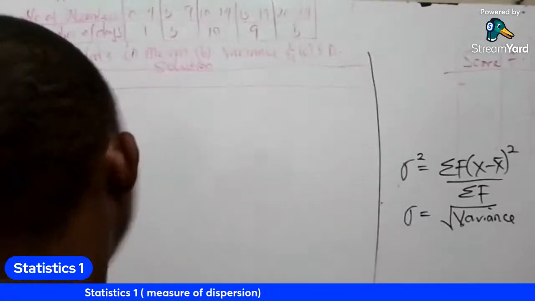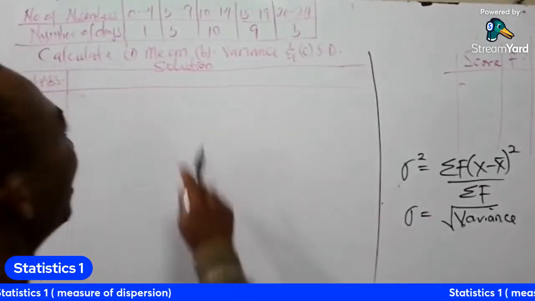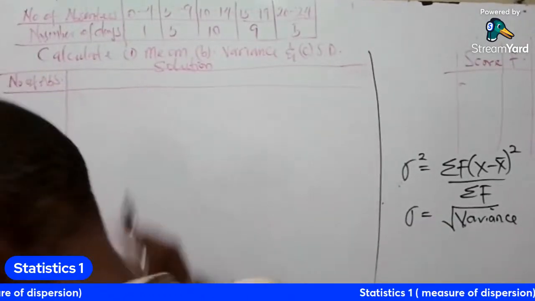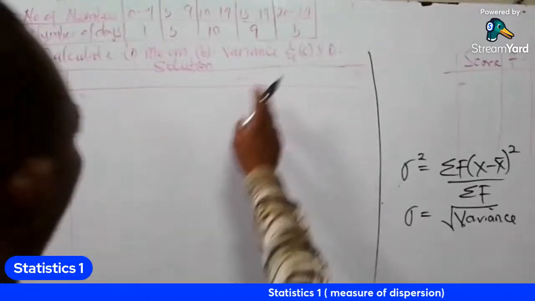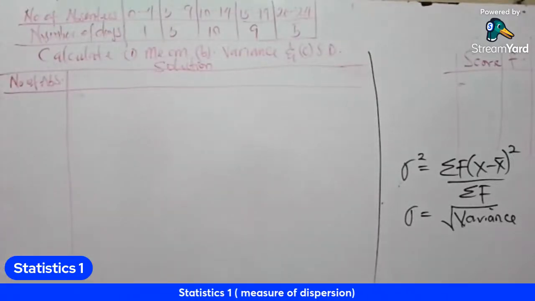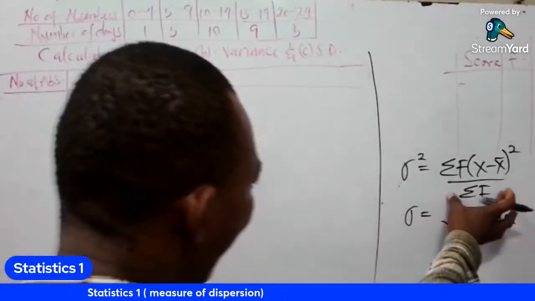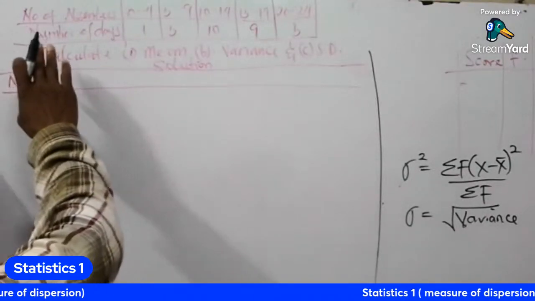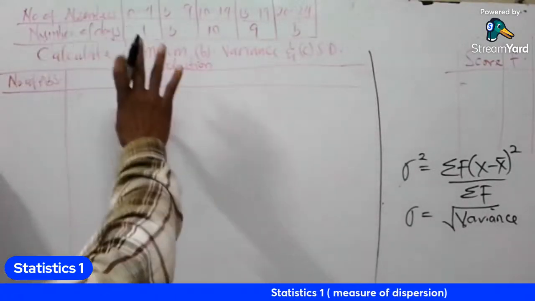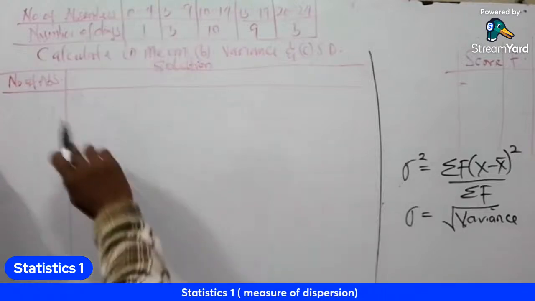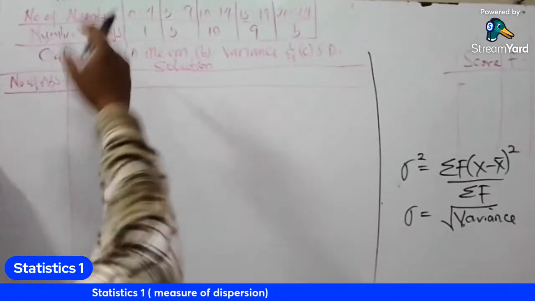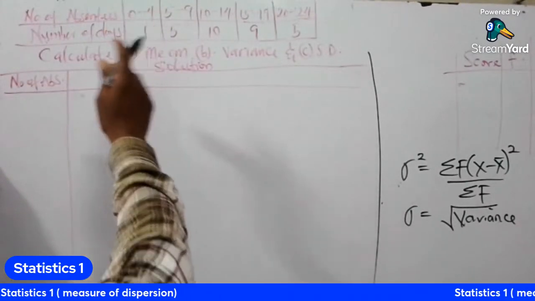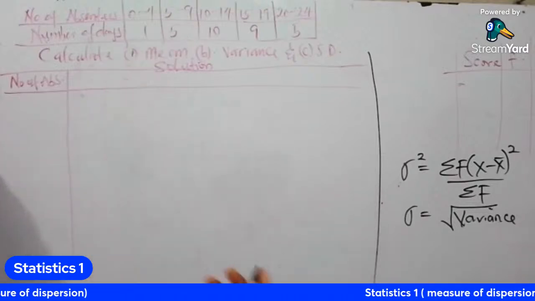The question says we should find the mean, because there's no way you find the variance without looking at the mean first. Looking at the formula, there are some things you need. This question is talking about the number of absentees in a particular class, so we are talking about the number of days.